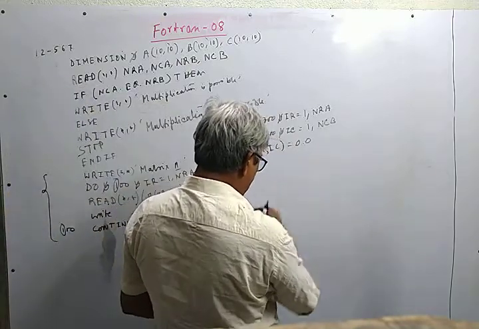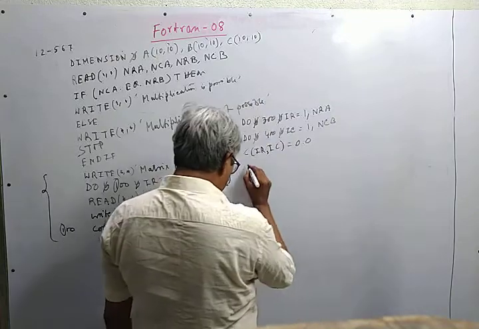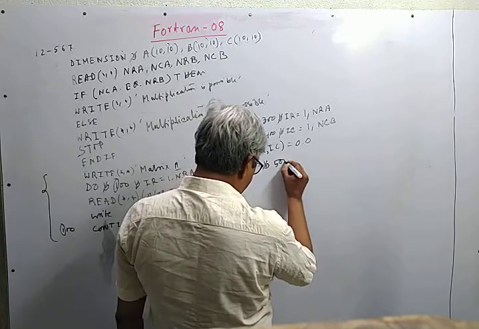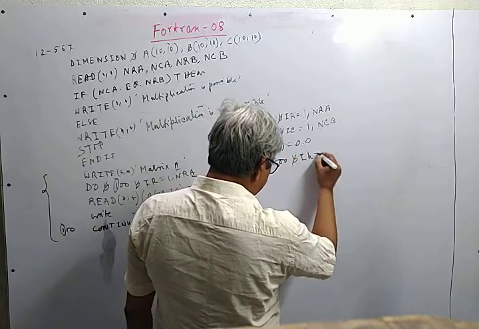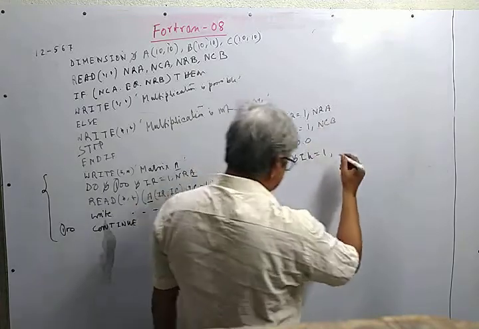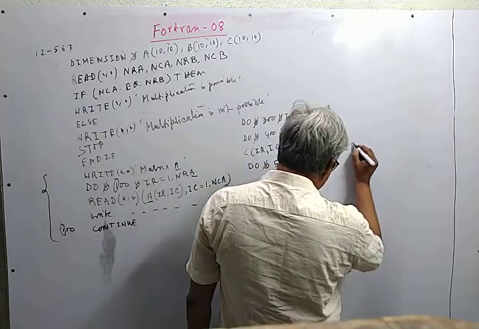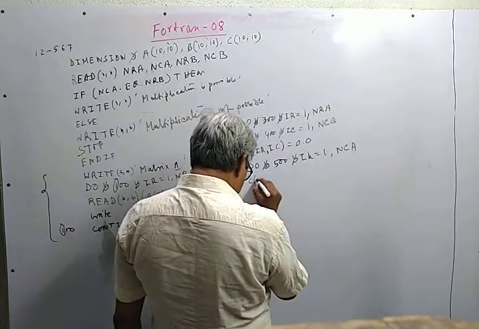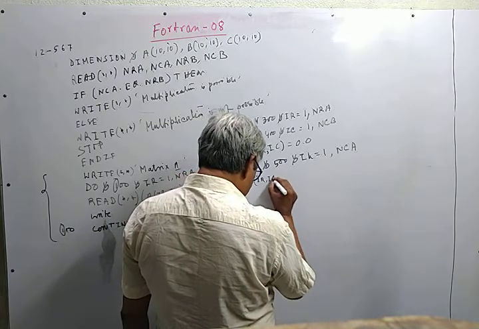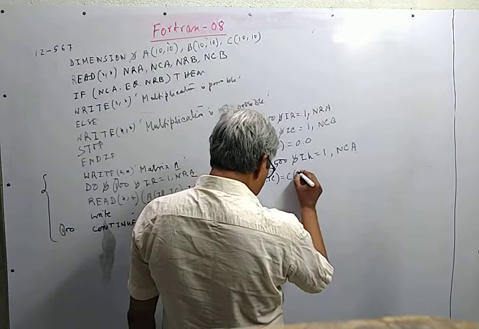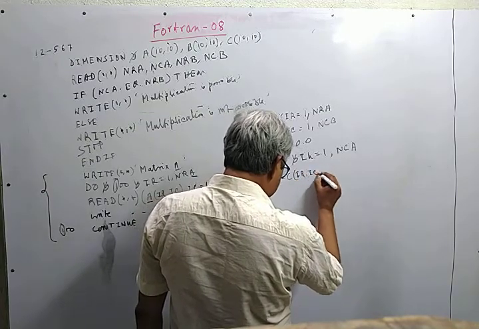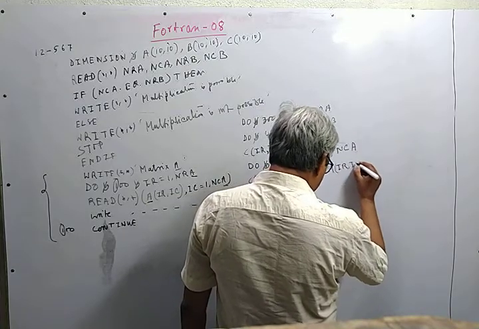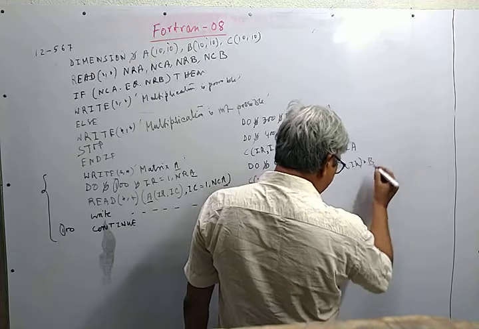Then we need to write another loop for k. Do 500 IK is equal to 1 comma either NCA or NRB. Then we write C(IR,IC) is equal to C(IR,IC) plus A(IR,IK) star B(IK,IC).